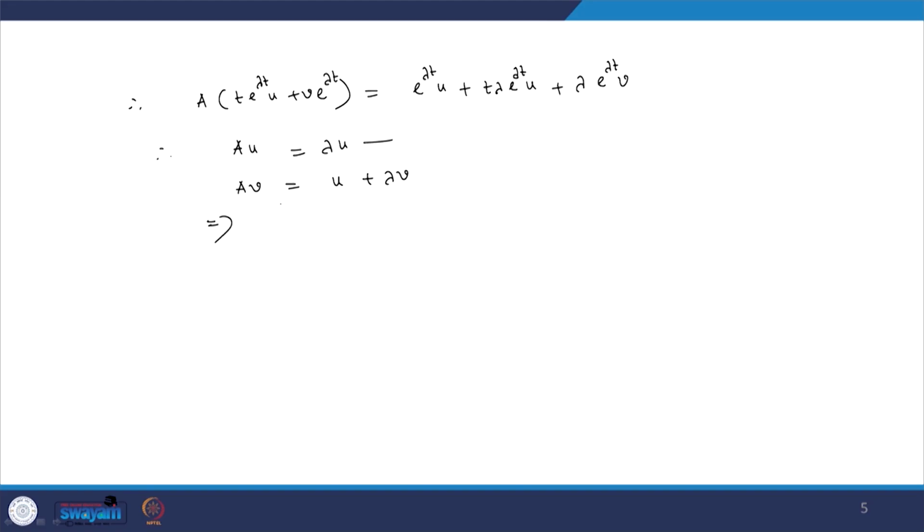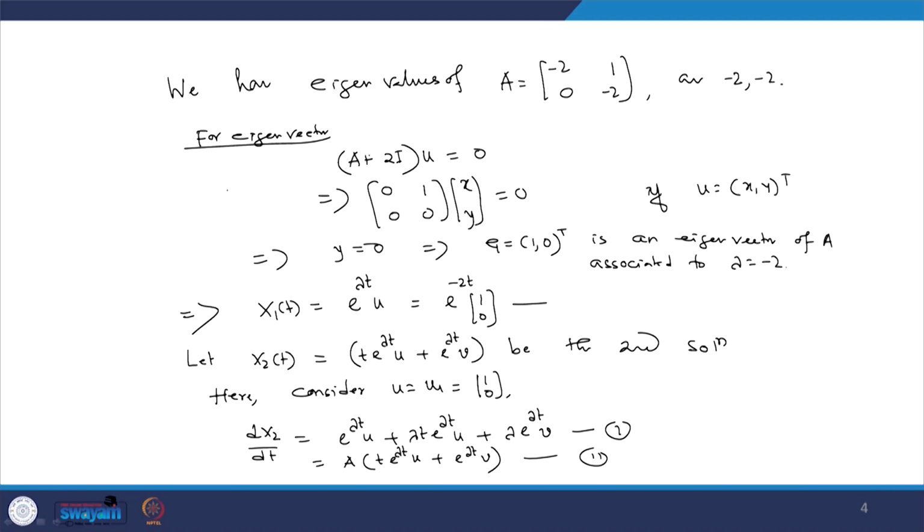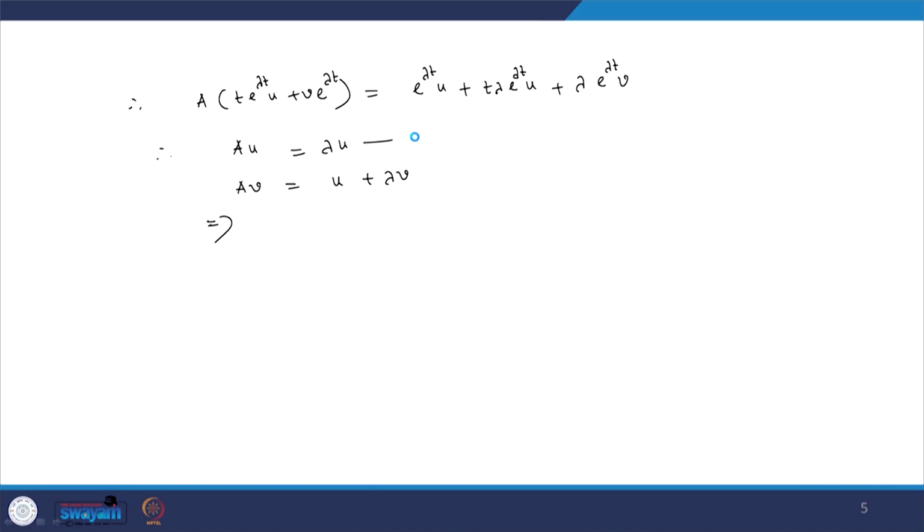So, this implies A u equal to lambda u. See, I told you that I have to consider u as the eigenvector u1. The justification is coming from this. So, if I consider this as the third equation and this as the fourth equation, then the third implies that u must be an eigenvector associated to lambda, which is already calculated or known, please.